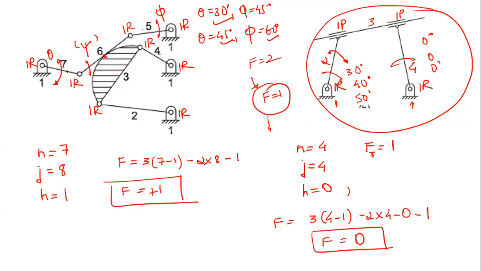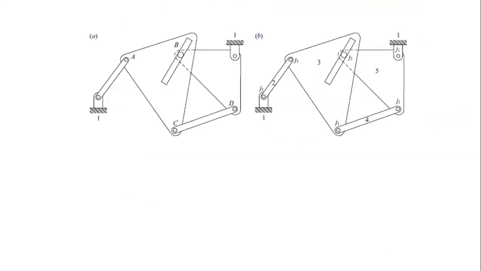Maybe I can specify the coordinate for this one and this one also, and only then will I be able to describe the motion of other links. In that case, links 6 and 7 could be acting as input links. But here, since I simply apply the equation and get a preliminary idea that only one link could be treated as input, finally I applied the redundant degree of freedom analysis. Okay, now let's move ahead.